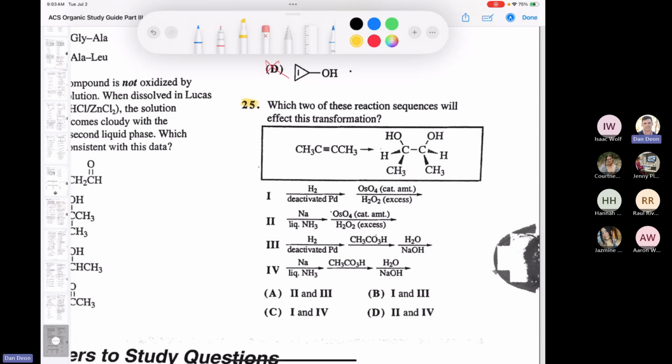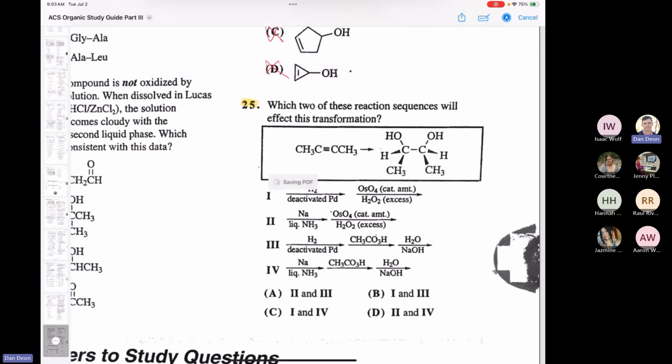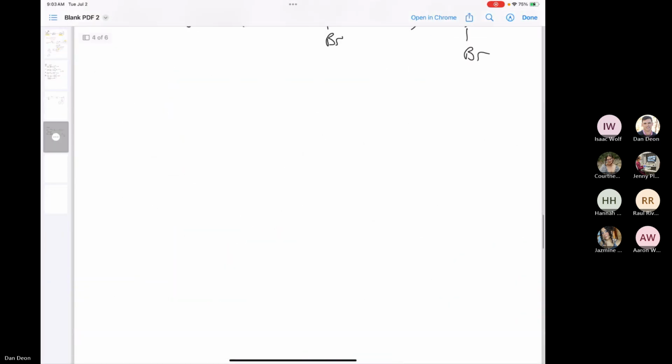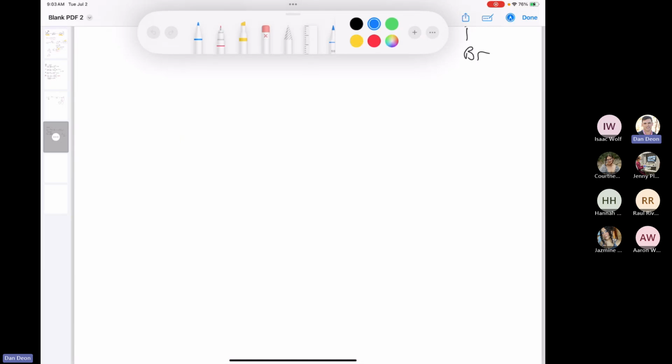Okay, so let me go over to a blank document. Just give me a sec here. Okay, so this is question 25. What it says is you want to take 2-butyne and make this diol, where they have one hydroxyl up here and one hydroxyl up here.